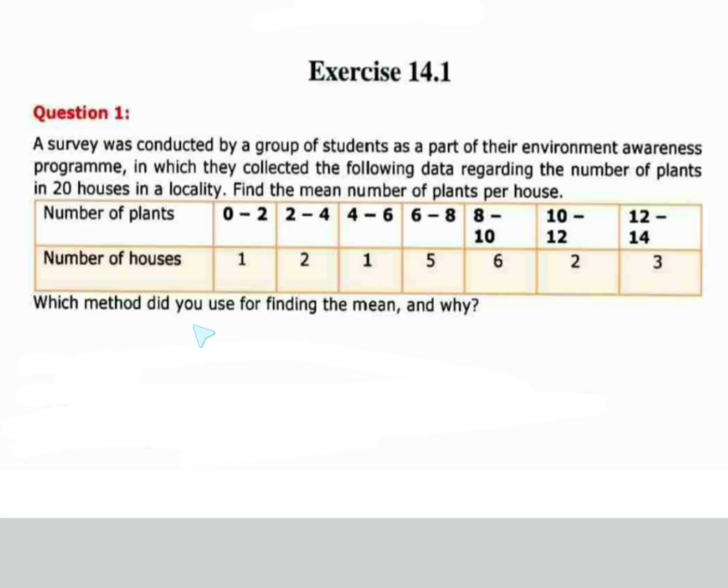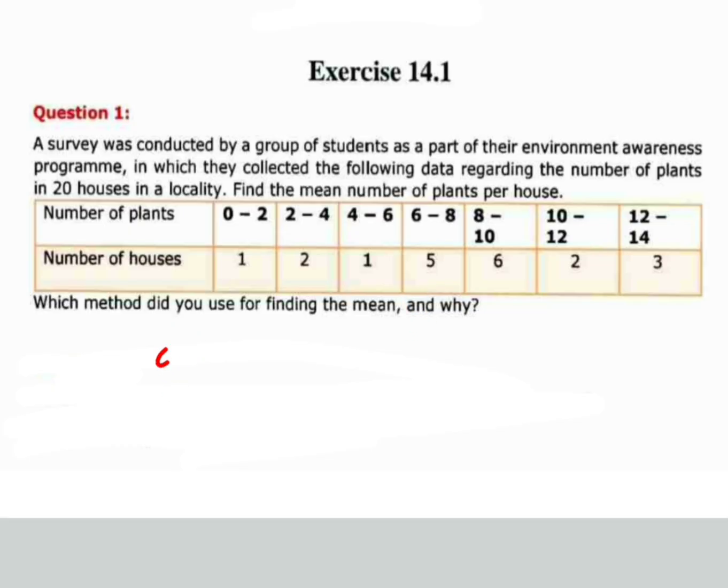Now, which method should we use for finding the mean, and why? Because it is very small data, we can use the direct formula. It's better to calculate this question.